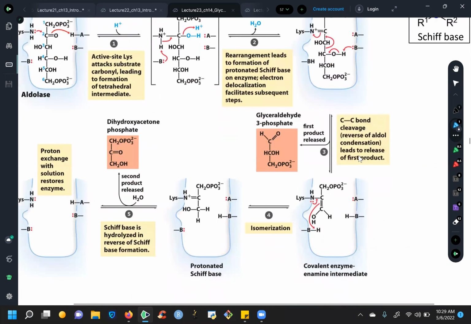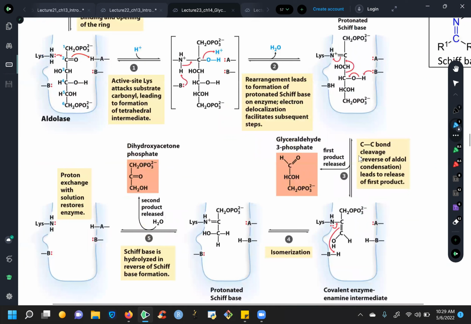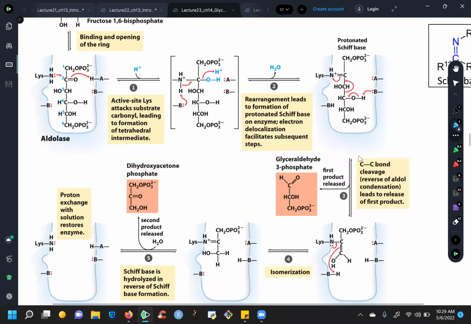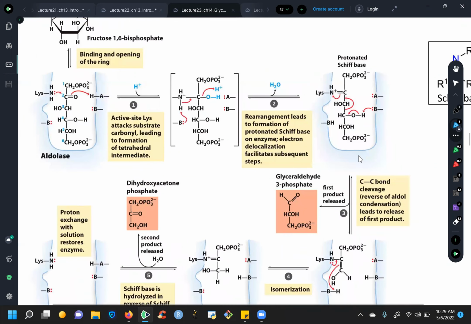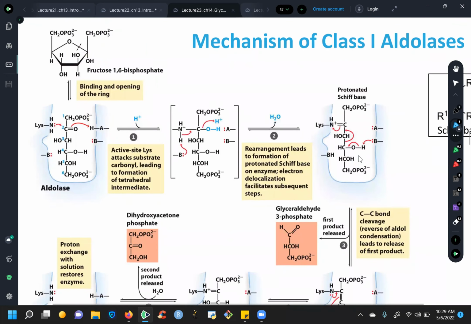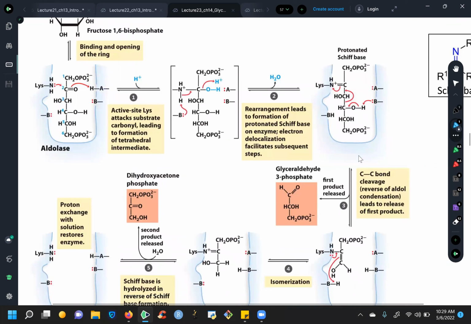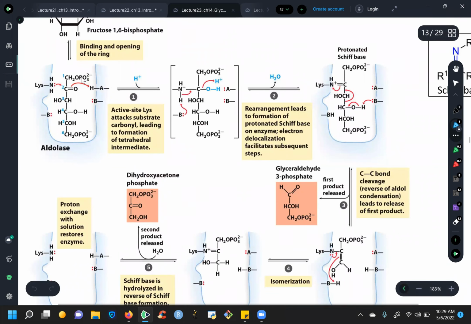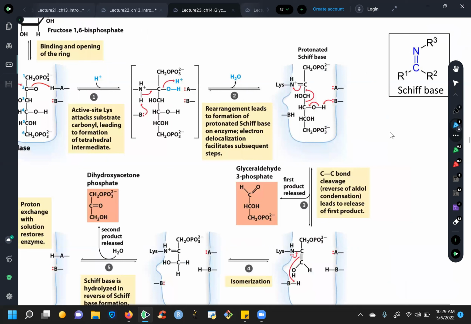And so that was the whole point here, is to break that 6-carbon molecule into 2 3-carbon molecules. This is what this enzyme is doing, this aldolase. It's breaking that 6-carbon molecule. Now that it has the 2 phosphates, 1 at each end, it's just rearranging itself so that it can be cleaved.